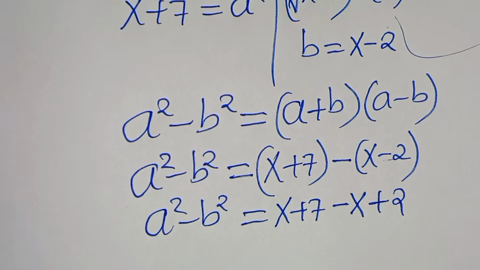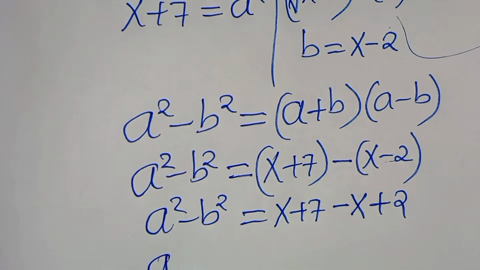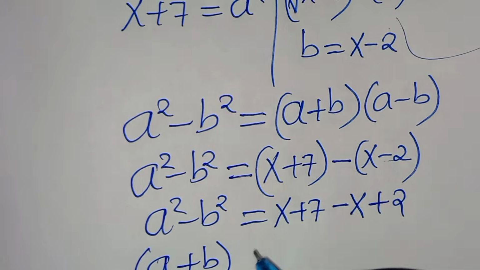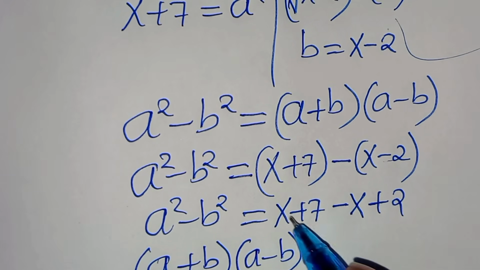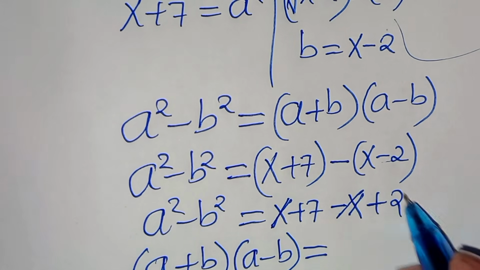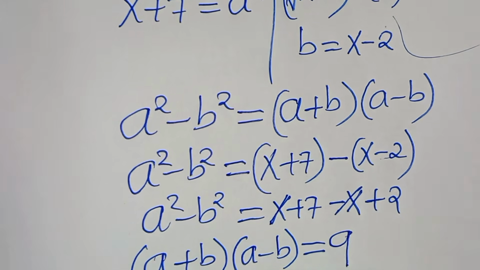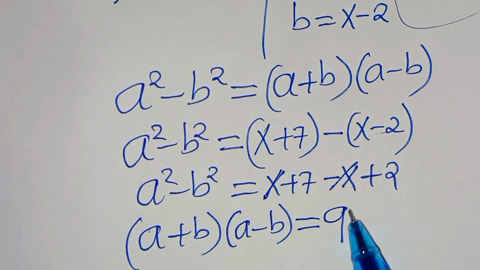So a squared minus b squared, which is a plus b multiplied by a subtract b, is equal to x minus x, which simplifies, then 7 plus 2, this is equal to 9. So we have that a plus b times a minus b is equal to 9.